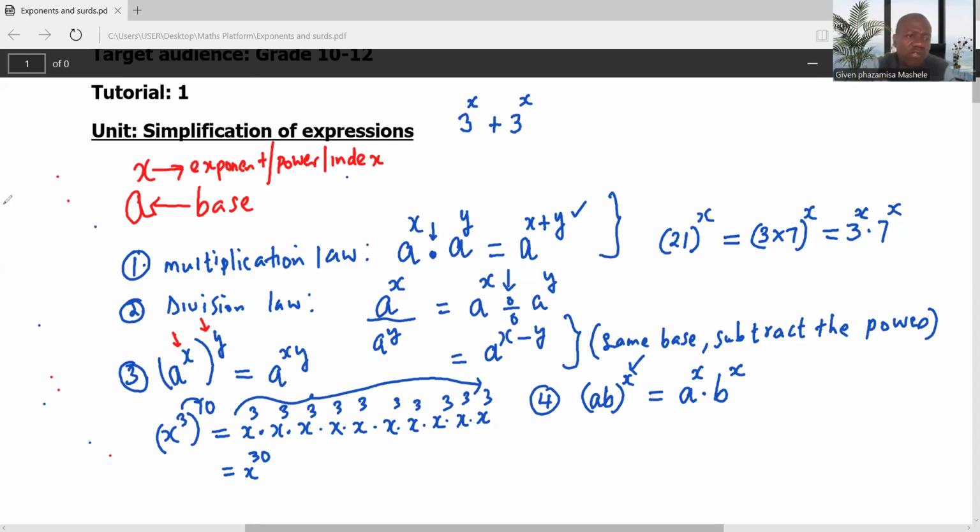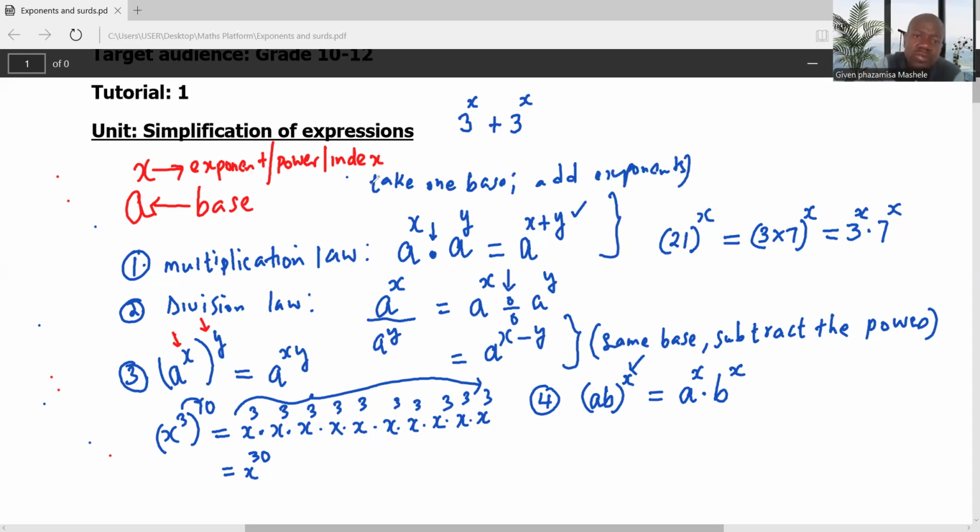In terms of exponents, we have the multiplication law, which says as long as you have multiplication in between, you take one base and you add the exponents of the powers.